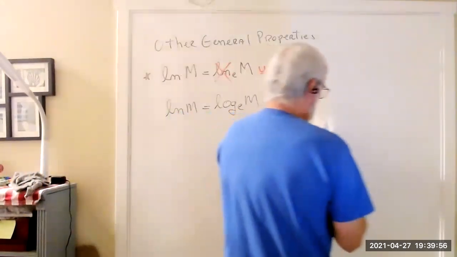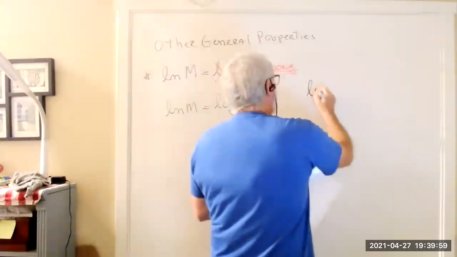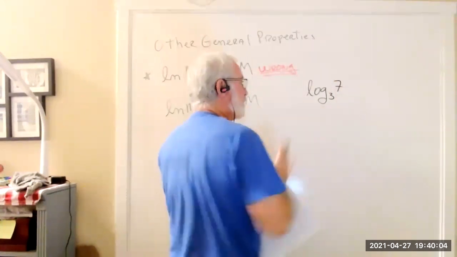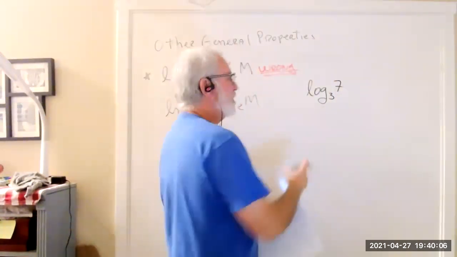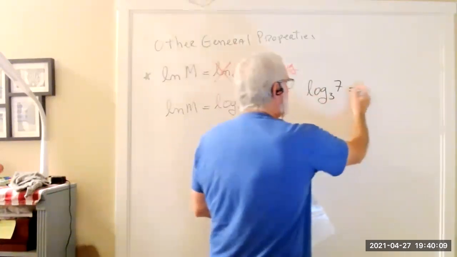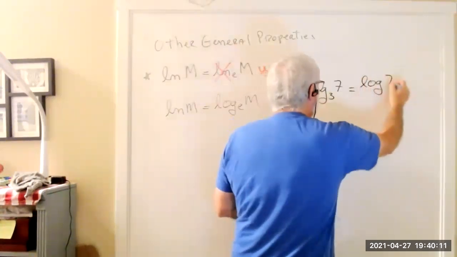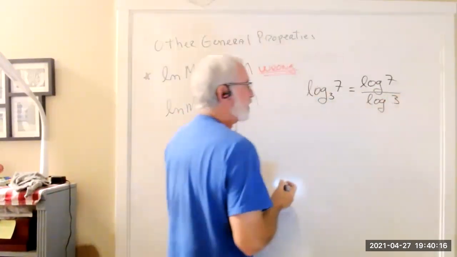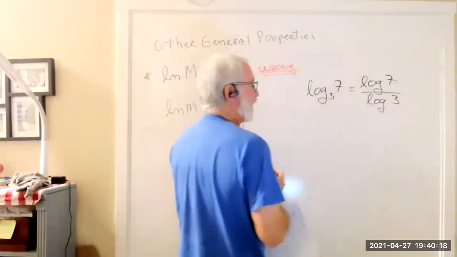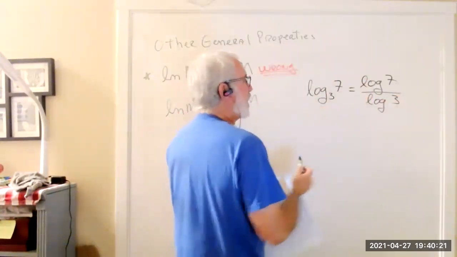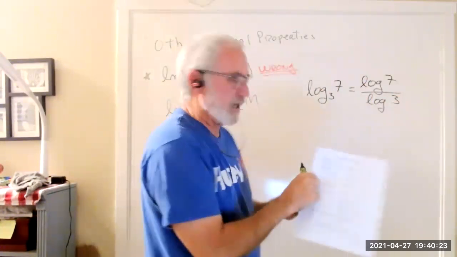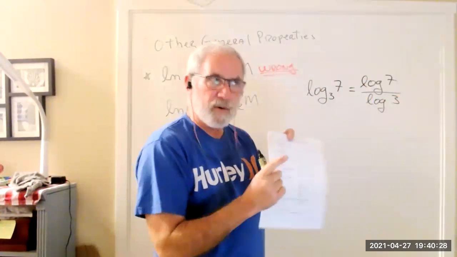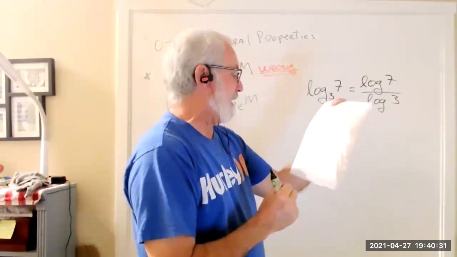If you recall, last week, log base 3 of 7, I had you doing that on your calculator. Some of you have a calculator that will do that automatically. Some of you don't. You can change that to log of 7 over log of 3, and then calculate each one of these separately and divide. That's called the change of base rule, and that's what that says. We'll be doing more examples of that, so don't panic, but we've talked about that already.